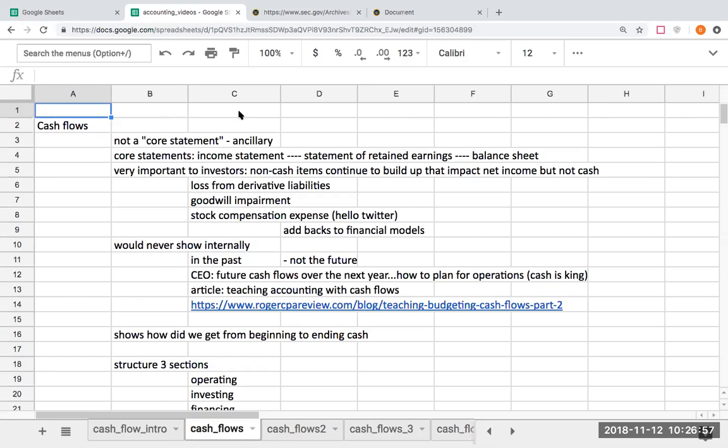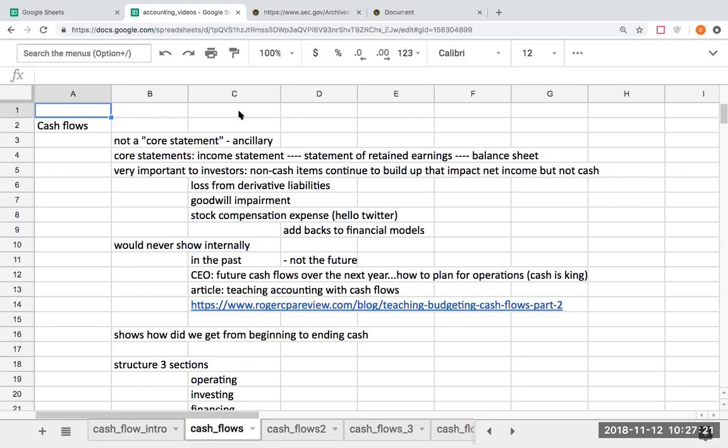And the reason is that my income statement is showing me what I earned during the period or what I lost. That net income goes to the statement of retained earnings or the statement of owner's equity. And then ultimately that's going to be traveling to the balance sheet, essentially in the form of retained earnings.